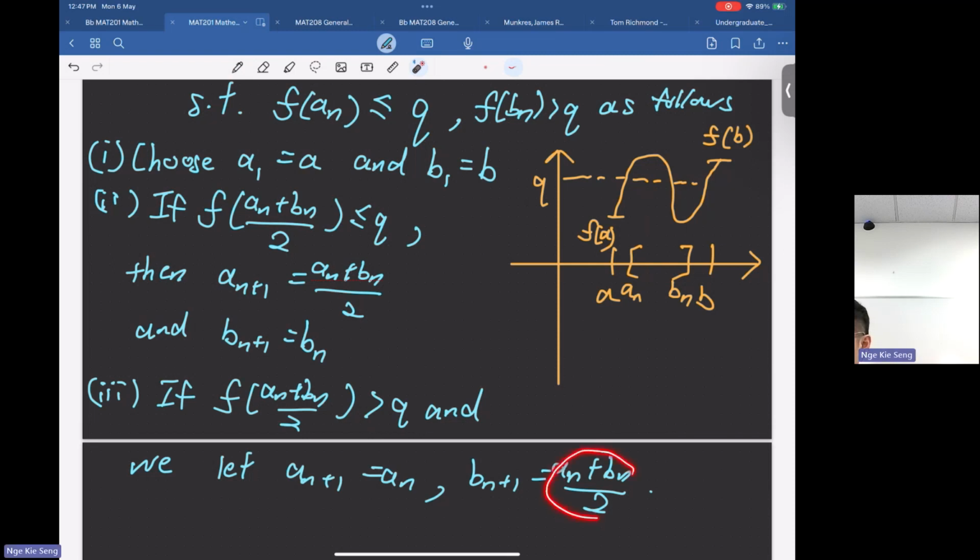Then I pick this as my b n, and I keep the smaller one as my a n.